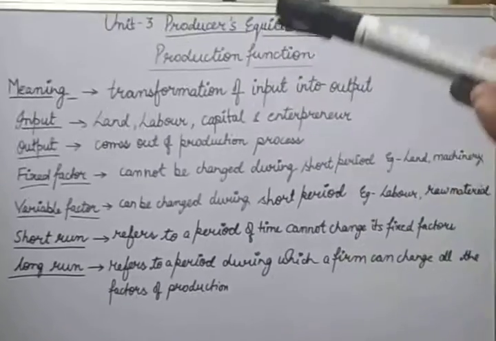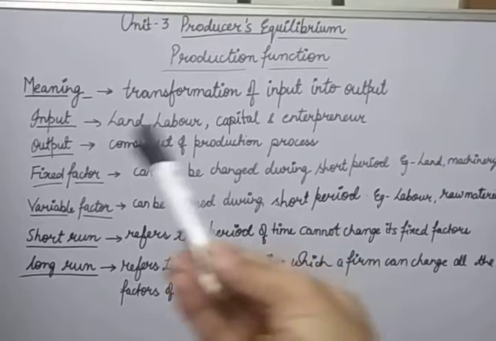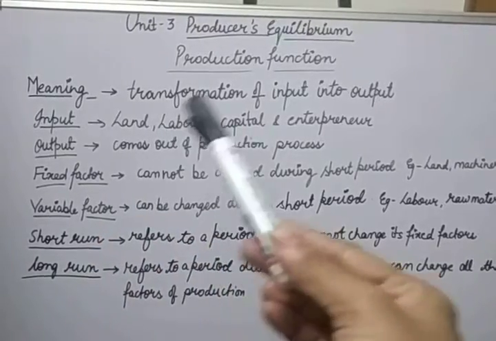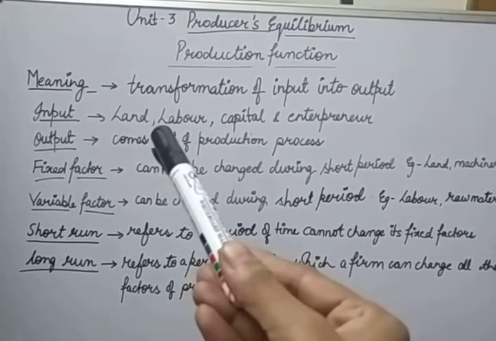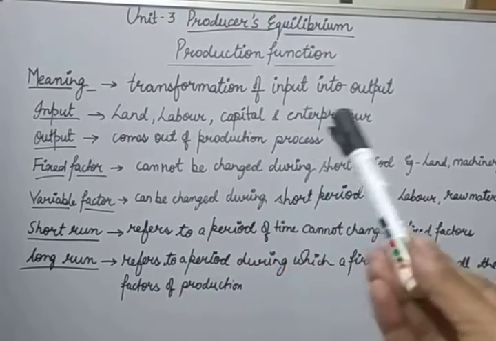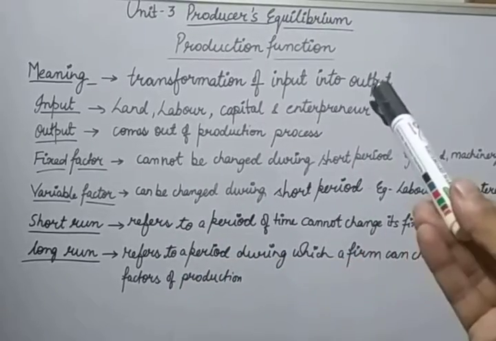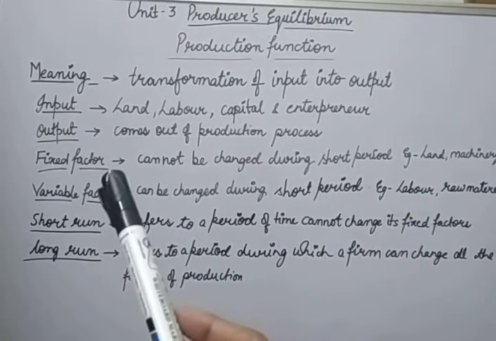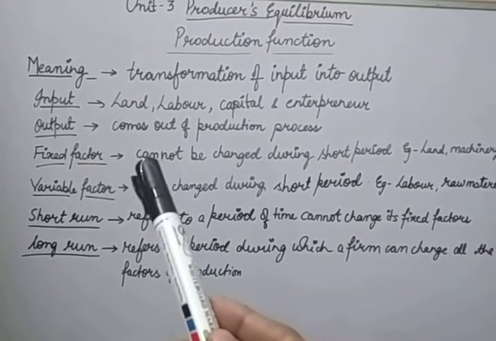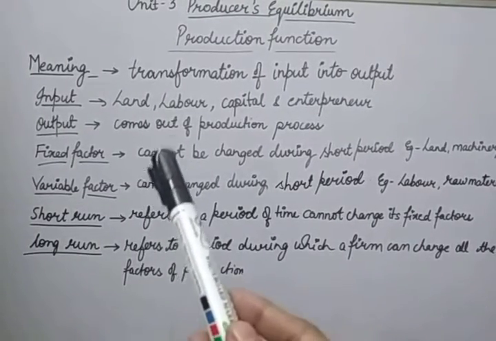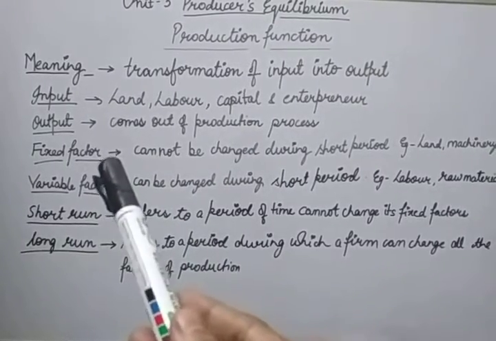So first of all, we have discussed a few terms which we are going to use in this chapter. Production means transformation of input into output. By utilizing inputs like land, labor, capital and entrepreneur, whatever comes out from the production process is called output. Fixed factors cannot be changed in the short run; production increases or decreases, it doesn't matter, but the fixed factor will remain the same.